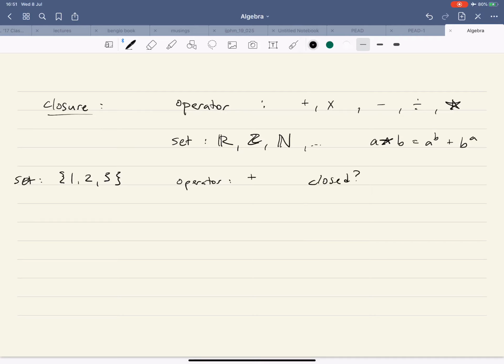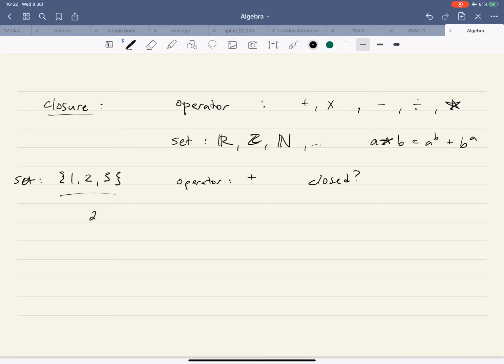That's the question that I'm asking. Is my set 1, 2, 3 closed under my addition operation? Well, in order to show that it's not closed, I just have to find a counterexample where two inputs from this set give me a number that's not in that set.